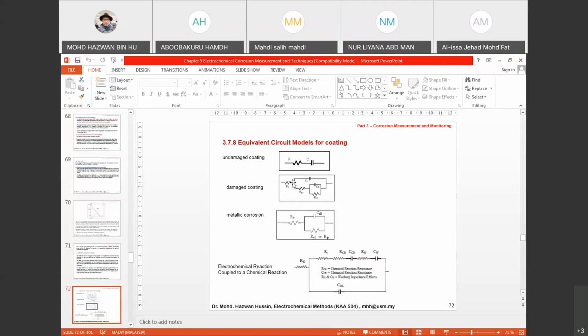So in this case, you can have undamaging coating. If you look from here, can anyone guess what would be the types of undamaging coating that we are talking about here? Anyone knows? Or can guess?